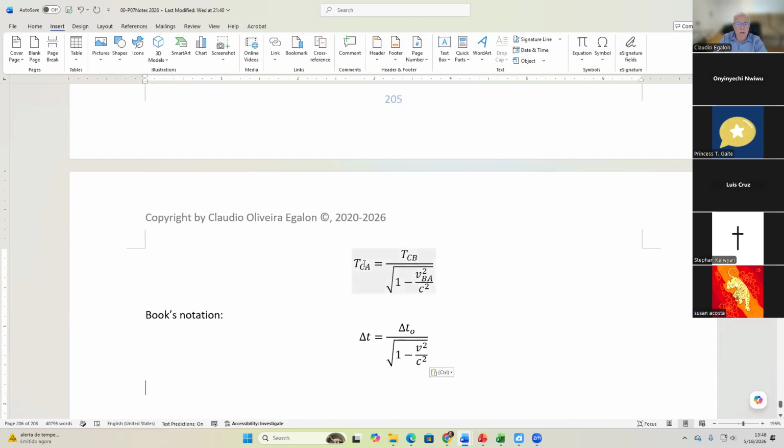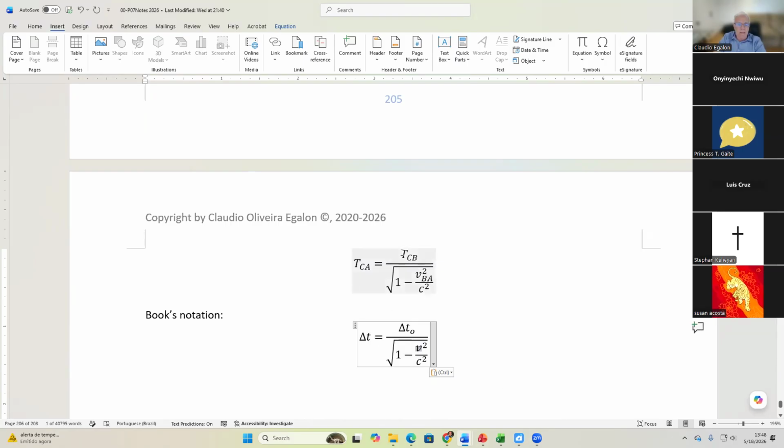C refers to the clock that is at rest with respect to referential B. That's the period of the clock, the time it takes for a photon to complete a full oscillation. The light clock. I put VBA; the book uses the V notation.